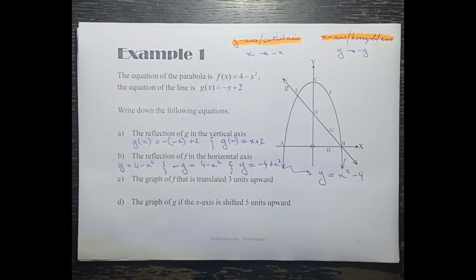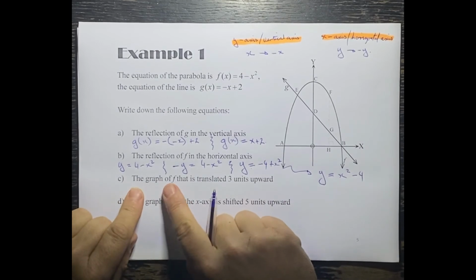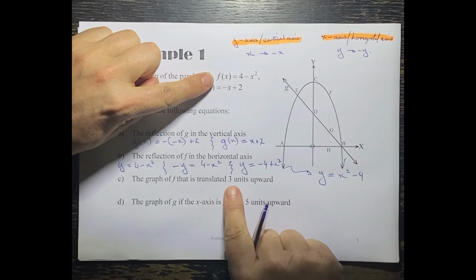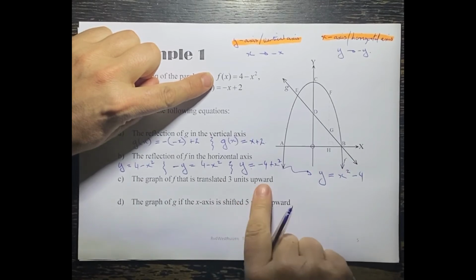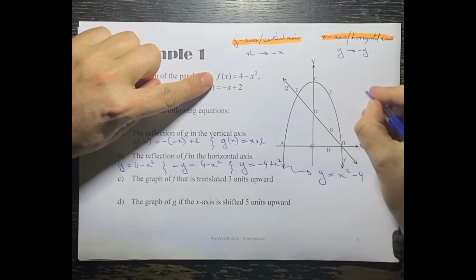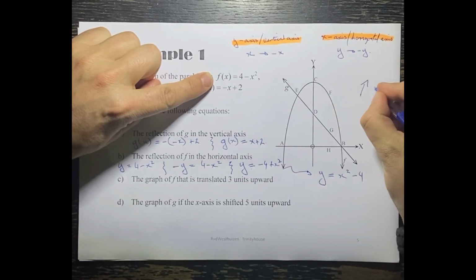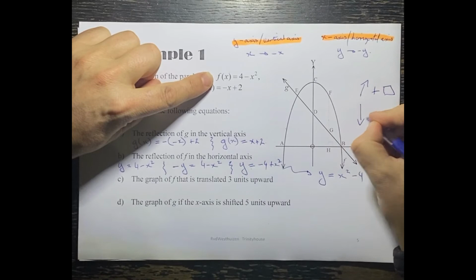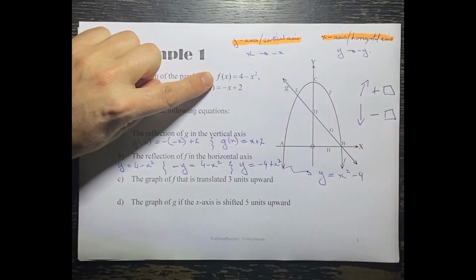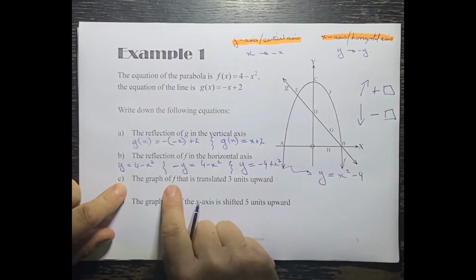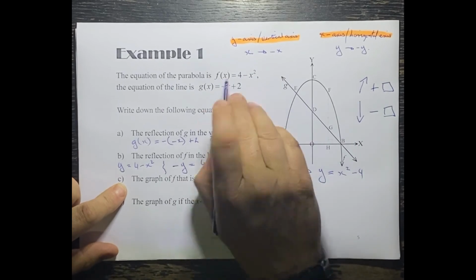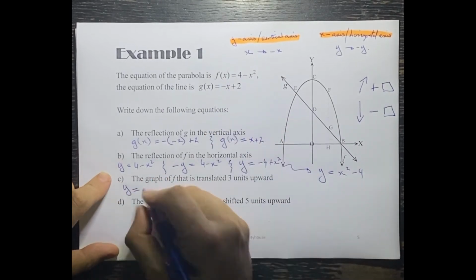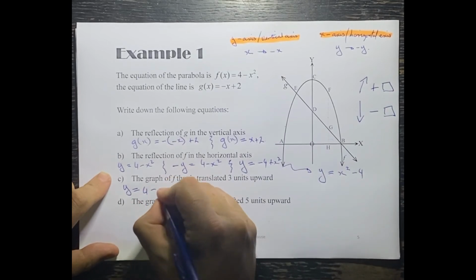Okay? Right, so now here, the graph of f, we're talking about this one here, is translated 3 units downwards. Oh, sorry, upwards. Okay, so now remember, if we go up, we're going to add whatever it is. If we go down, we're going to subtract whatever it is. So if we look at this f graph, and again, guys, I'm just going to rewrite it as y. So y is equal to 4 minus x squared.